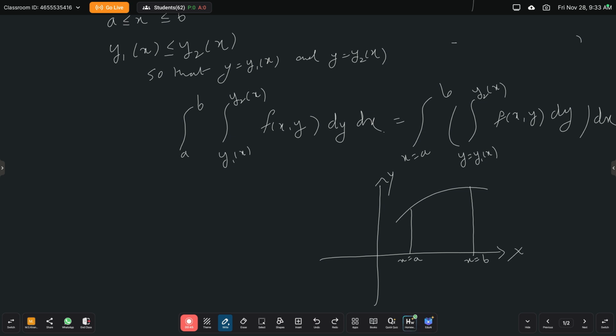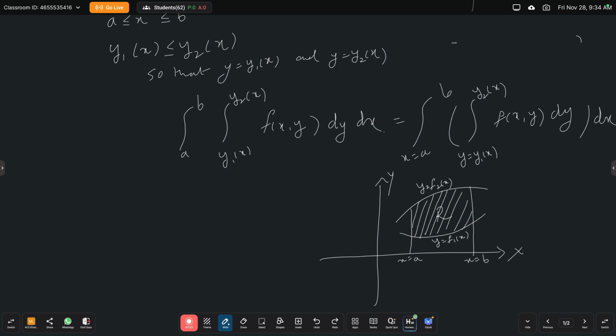So we are defining the x limits on the x axis, x equal to a to x equal to b, and going to the y limits, y equal to f1 of x to y equal to f2 of x, otherwise y1, y2. So y is a curve defined in terms of x. Then this is our required region to find the integration.